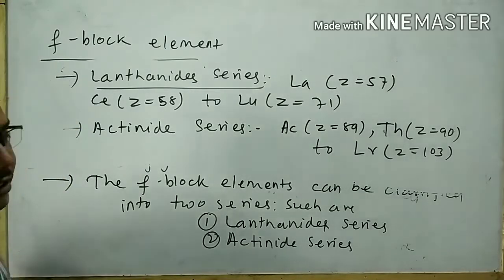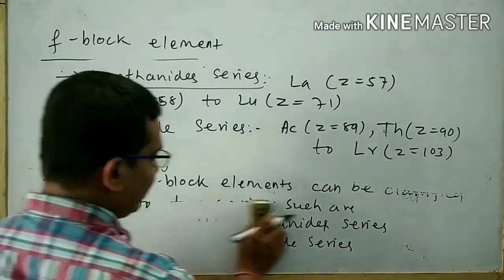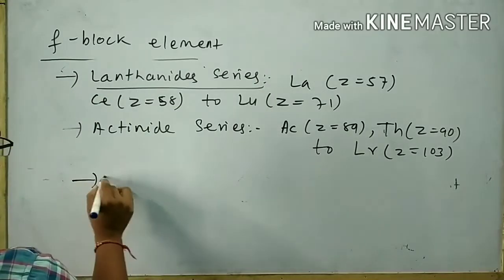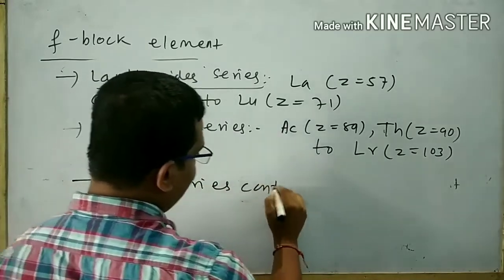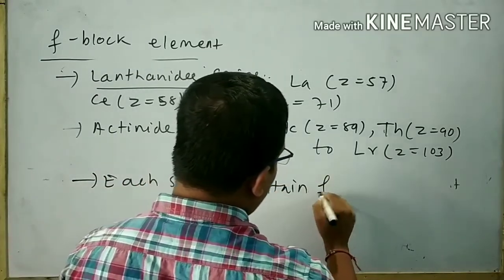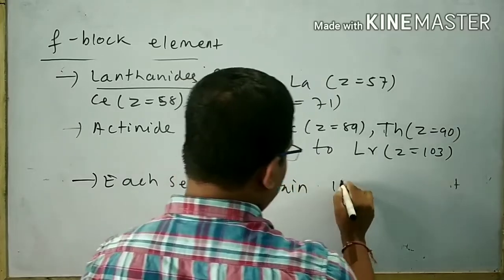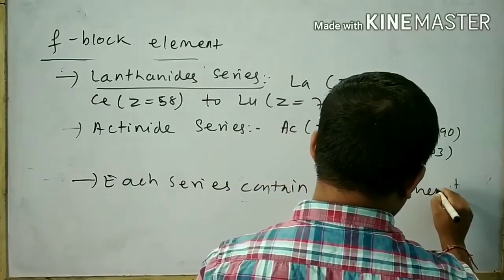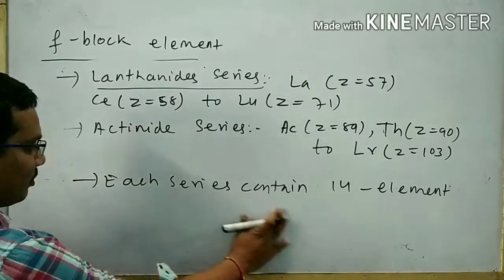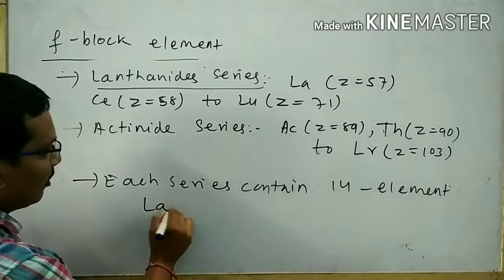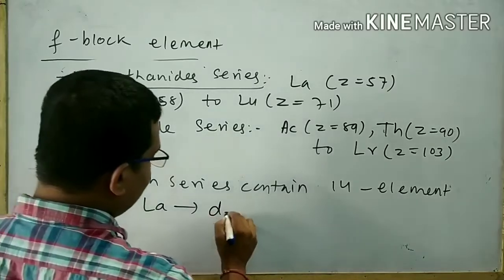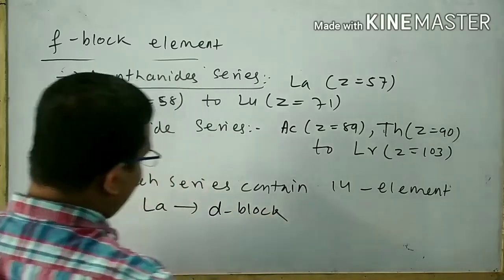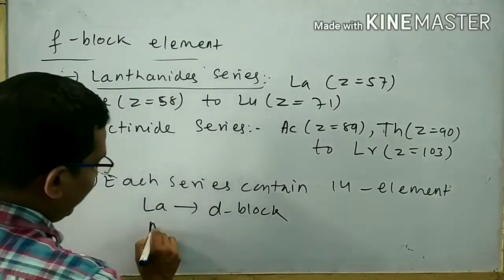Every series contains 14 elements, so we can write: each series contains 14 elements. Suppose a question asks, lanthanum belongs to which block? Then your answer is D block. Actinium belongs to which block?